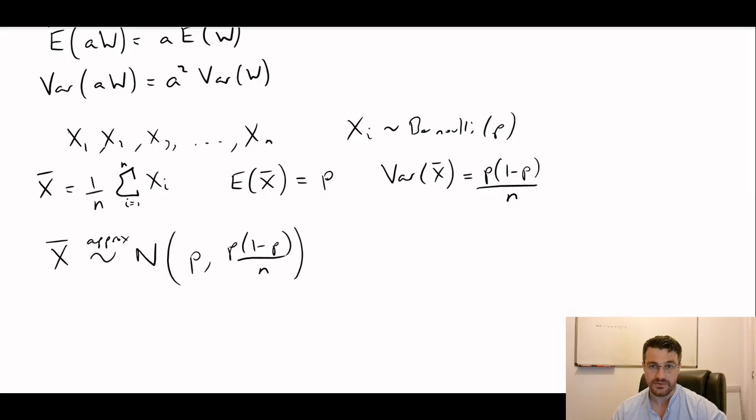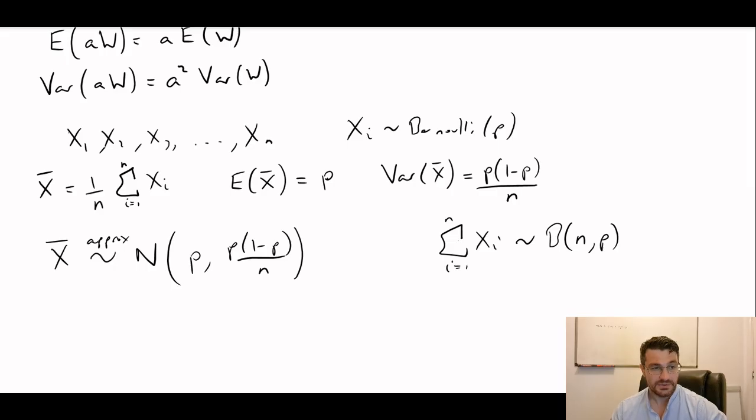It's the sum of the xi's that I'm interested in, so I need to figure out what the distribution of the sum of the xi's is going to be. Well, we actually know what the distribution is. Remember, I stated it earlier, the sum of the xi's is distributed binomially with parameters n and p.